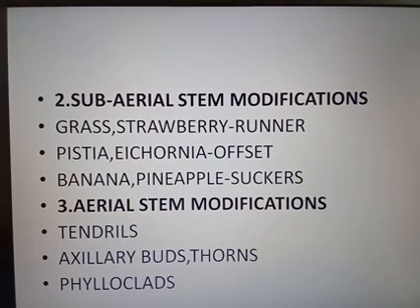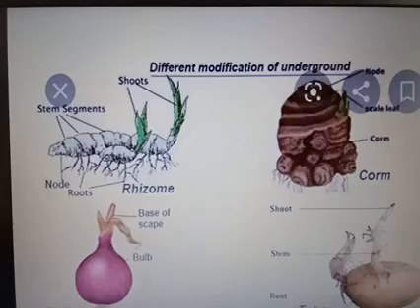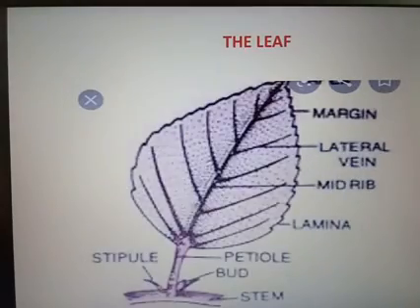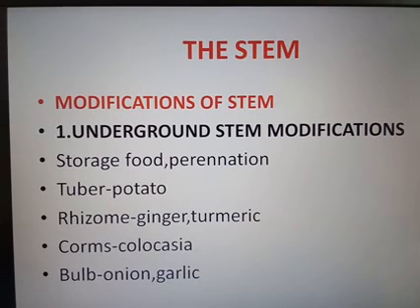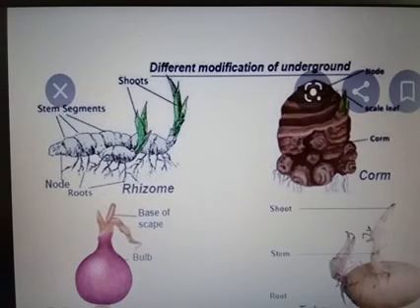In the case of Opuntia, the modified stem is flattened, and this modification is known as phylloclade. Here the important thing to understand is tuber, potato; rhizome, ginger and turmeric; corm, colocasia; bulb, onion and garlic. Study these names thoroughly.